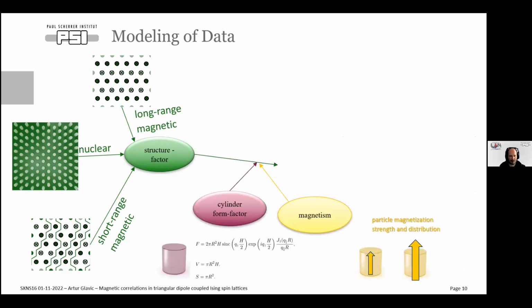You then have to add the form factor of the cylinders that change the Q-dependent intensities, and also add the magnetization distribution and strength to the system.